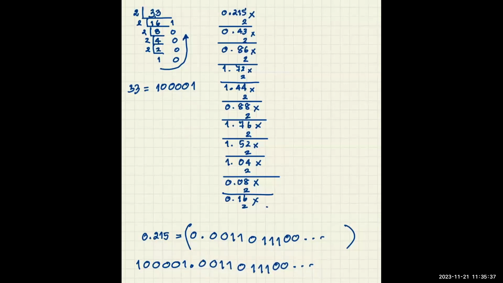This is the number that you use to represent 33.215. So the first part here comes from 33, the second part comes from 0.215. You combine these two together.